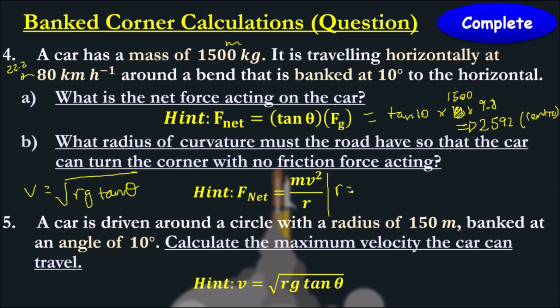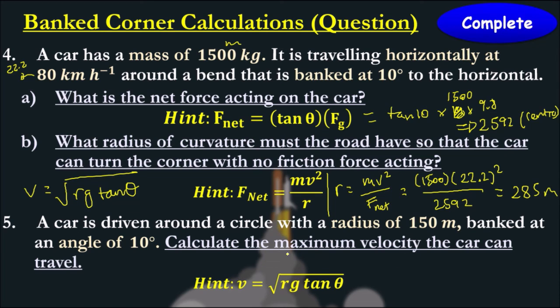So it's just r equals mv squared over F net. You could substitute the values in first if you wanted to. That's probably more ideal for a HSC marker. So 22 squared, remember the 22 is converted from the 80 kilometers per hour. And then our net force. And so our radius is about 285 meters.